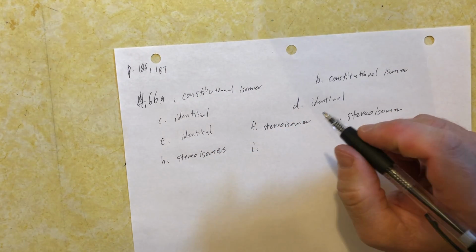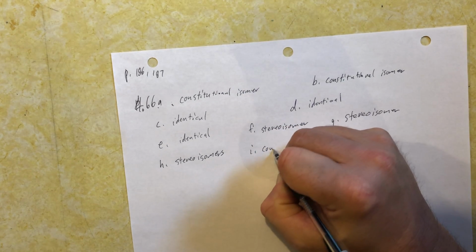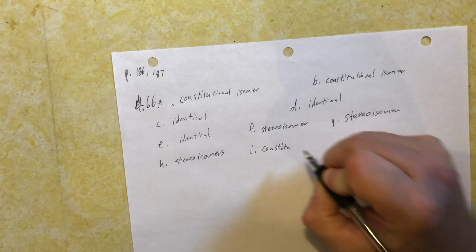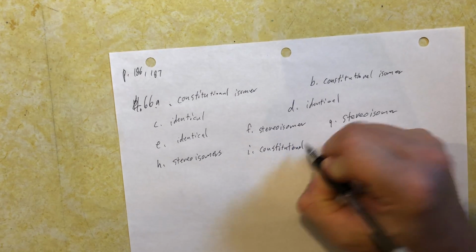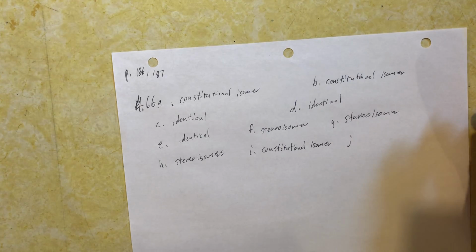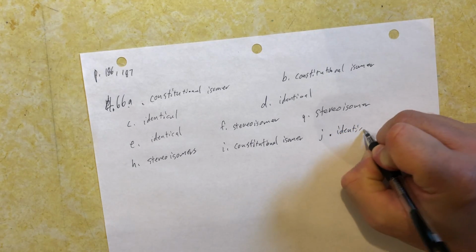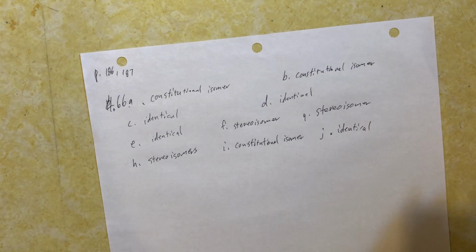I, I came up with the constitutional isomer. J, I have identical. Well, now you might wonder about that one. So let me see if I can do that one quick. Probably can.